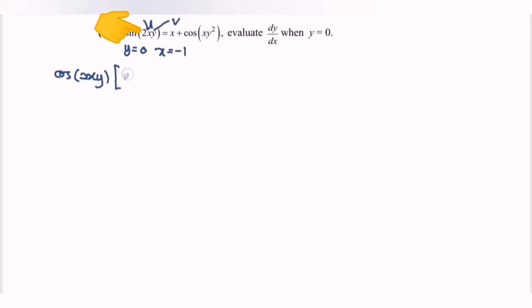So we will have y bracket 2 plus 2x dy dx, equals to differentiate x, we will have 1. Differentiate cos, we will have negative sine xy squared.